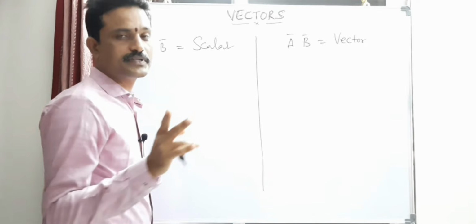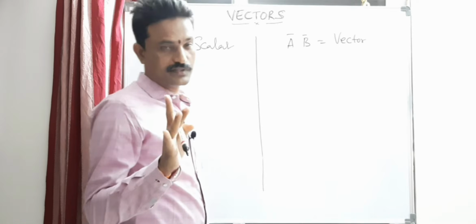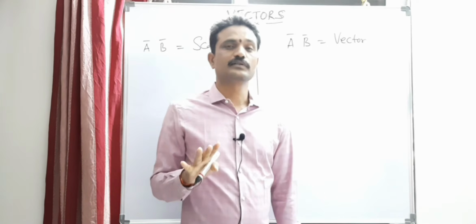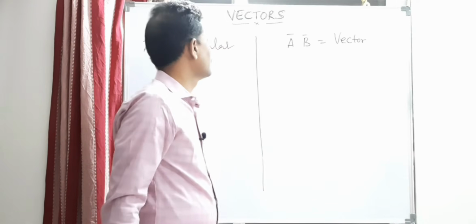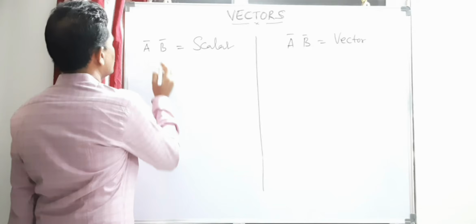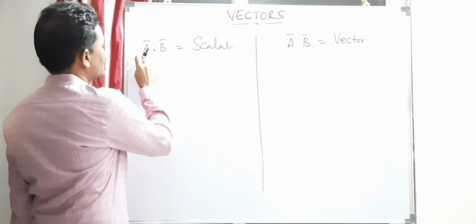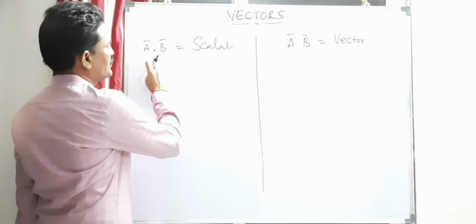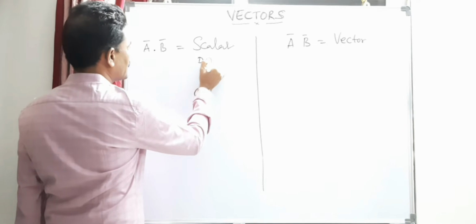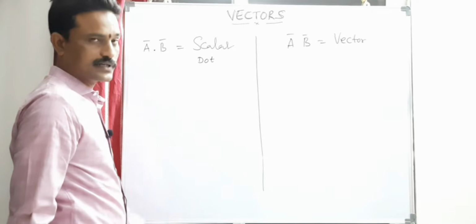Since there are two types of products, we should have different symbols. We are supposed to use two different symbols in order to avoid the ambiguity. For the first multiplication, for the first product, we use dot. So I read it as A dot B. It is also called dot product of two vectors. Dot product indicates scalar product.